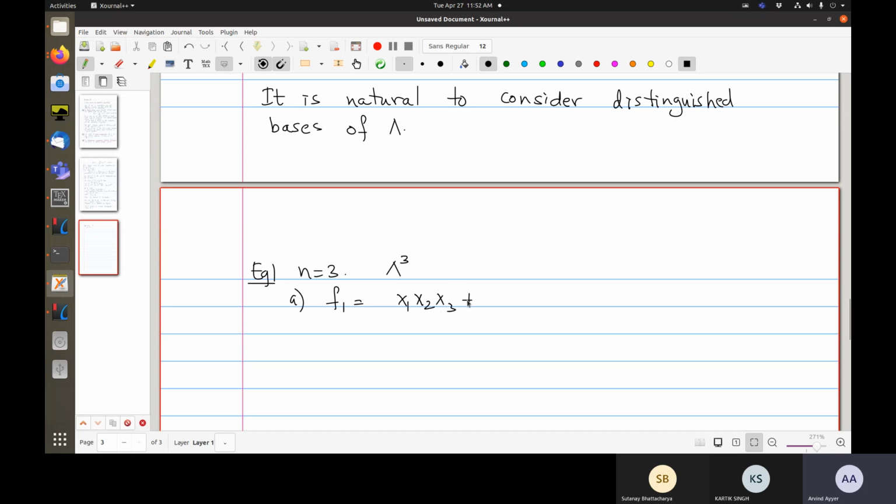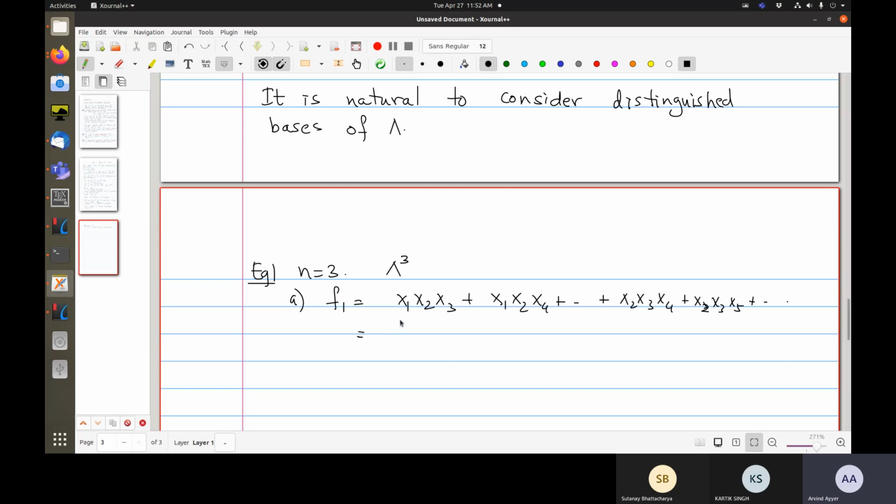This has degree 3, and then you act by all possible sigmas, right? So x1 x2 x4 plus etc. And then x2 x3 x4 plus x2 x3 x5 plus etc. And so on.